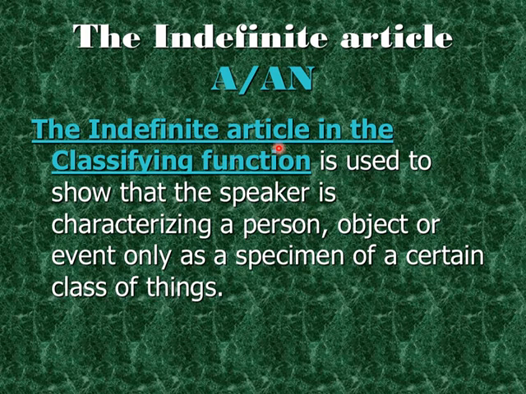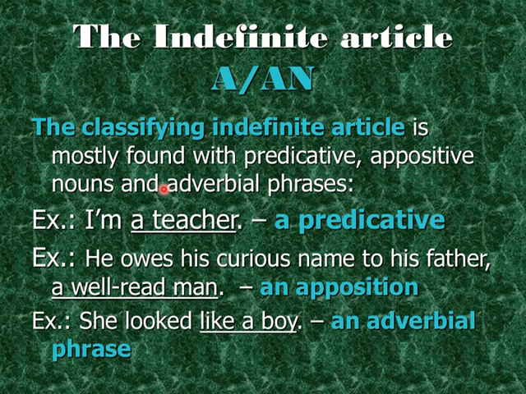The indefinite article in the classifying function is used to show that the speaker is characterizing a person, object, or event only as a specimen of a certain class of things. The classifying indefinite article is mostly found with predicative, appositive nouns, and adverbial phrases.